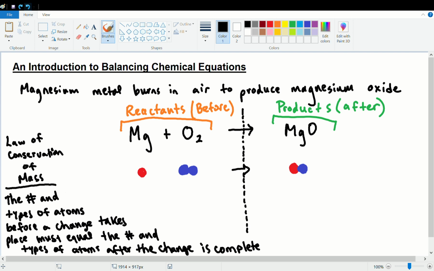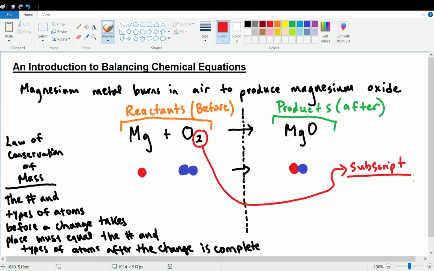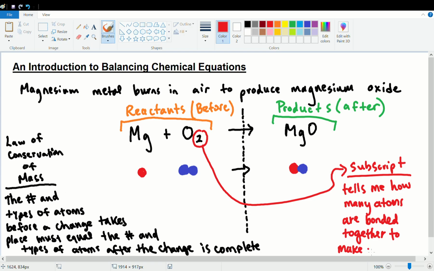And so at this point, I need to talk about things called subscripts and coefficients. And so, because we've talked about subscripts first, I'm going to go ahead and focus on that. So this number here is called a subscript. And it tells me how many atoms are bonded together to make a molecule.